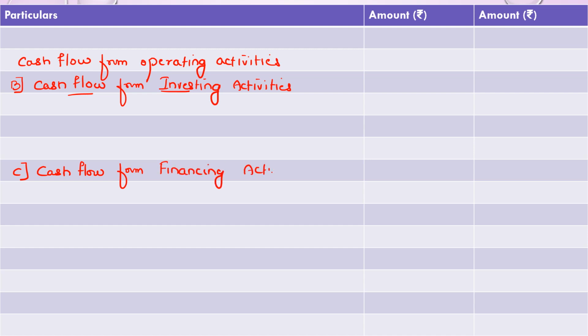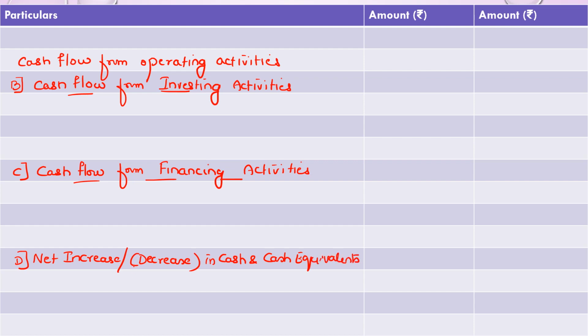Now in the financing activity, as far as we have gone through the question, there was an issue of shares, we remember, and there was a long-term borrowing that had increased. So at least there are 2 amounts. So again I will leave around 3 lines and put the next subdivision, that is for net increase, or if it is in brackets, decrease in cash and cash equivalents.